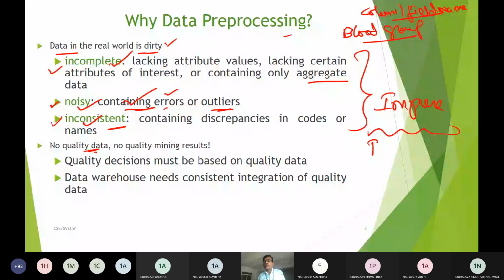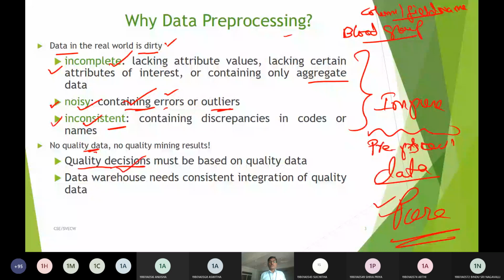So if we make the data pure, what are the advantages? We will be getting quality decisions, good decisions, and that is purely based on the data which is inside a data warehouse. So if data is not stored properly, obviously it leads to misleading results. If data is stored correctly, it is fine, we will be getting good answers.